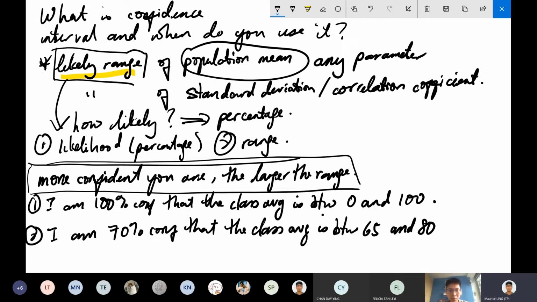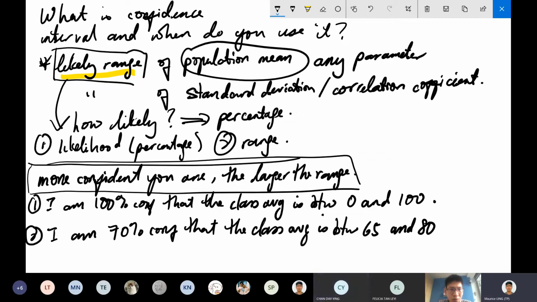Now, both of them contain the same kind of information, but which statement is more useful to you? Ding, are you there?